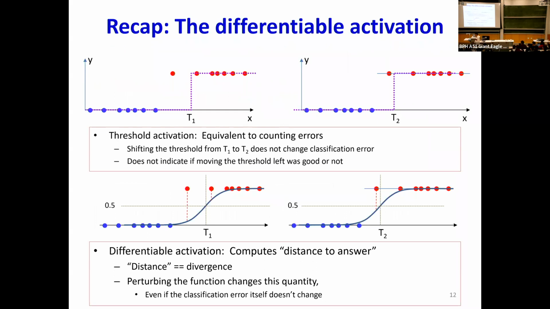In this one-dimensional problem, we saw that the correct answer is for the threshold to be out here. But for any given setting of the model, the threshold might be in some other place. You want to figure out which way to move the threshold to get closer to the answer. If you used a threshold activation, it wouldn't tell you. So we moved to a softer version of the threshold, which was continuous.